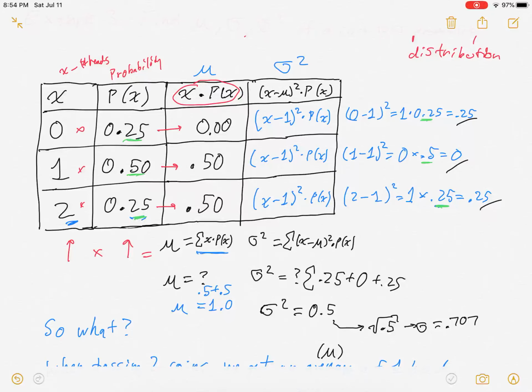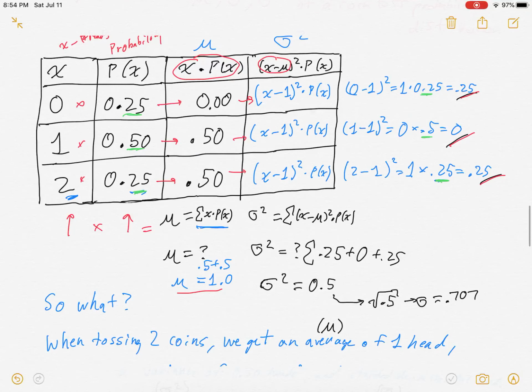And you get 1.0. We plug that 1.0 mu into the formula at the top for variance, and do the same thing for each one, and at the end we get 0.25, 0, and 0.25. This variance formula is the summation of (x minus mu) squared times probability.